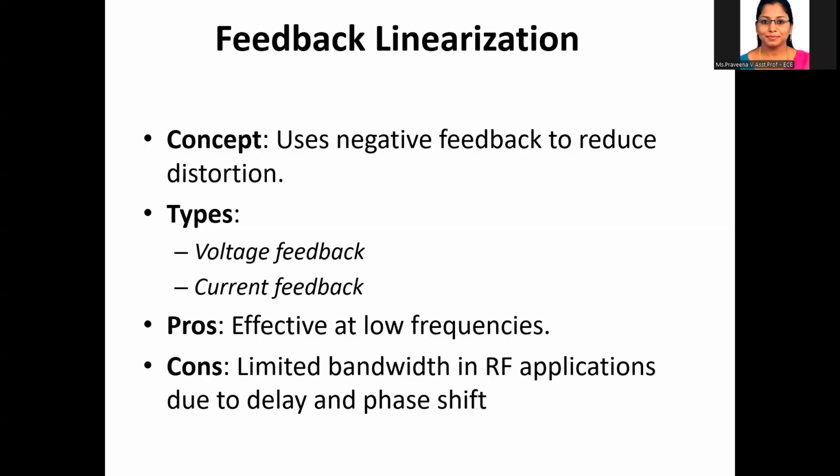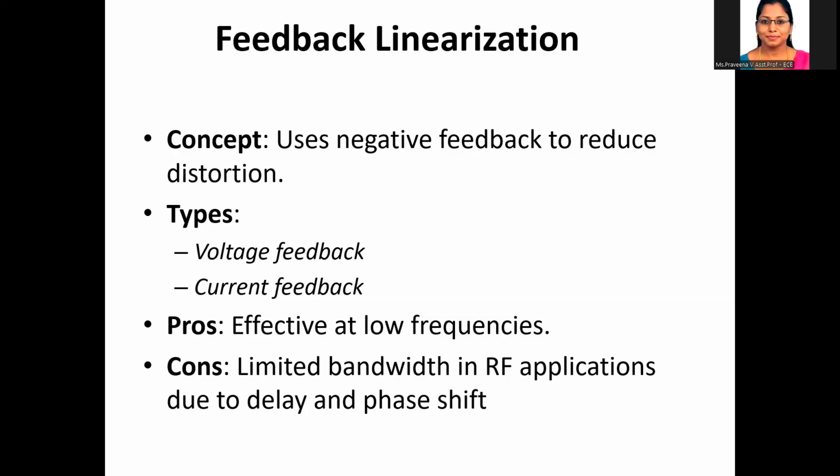So feedback linearization is a technique to reduce the distortion in RF power amplifiers by applying negative feedback. That is the main concept here. This helps to correct the amplifier non-linearity and improve the signal quality. There are two types of feedback: voltage feedback and current feedback.